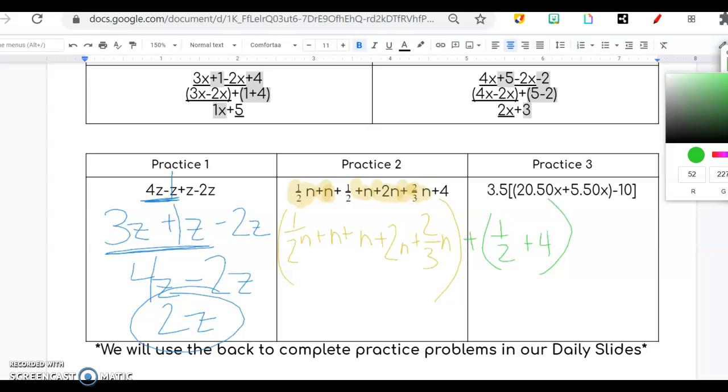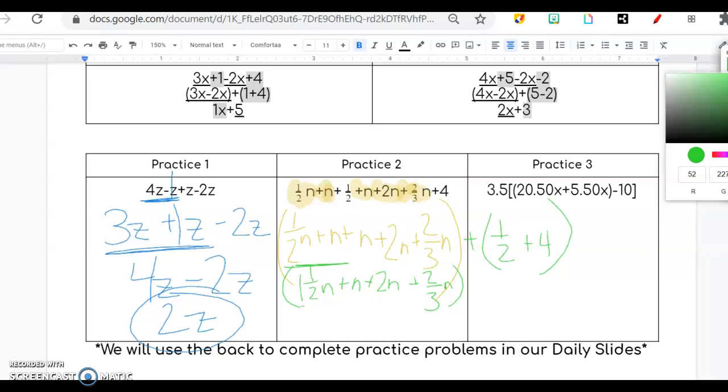So I have a lot to do here with my n variable. There are many parts to it. So I'm going to start with my 1/2 n plus n. That gives me 1 and 1/2 n, plus n plus 2n plus 2/3 n. Okay?